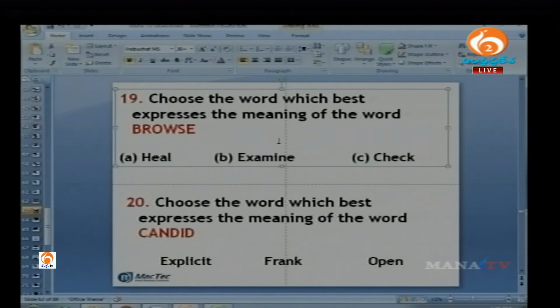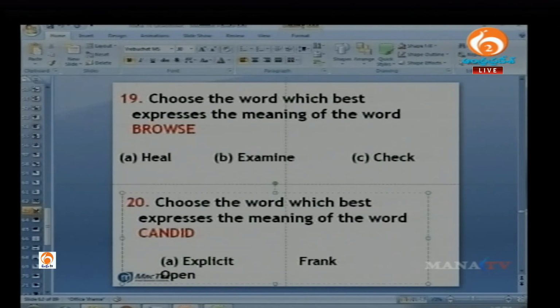All right, the question is, choose the word which best expresses the meaning of the word browse. While I'm making the formatting changes, you may want to answer that question.